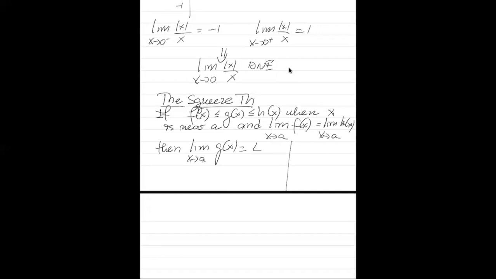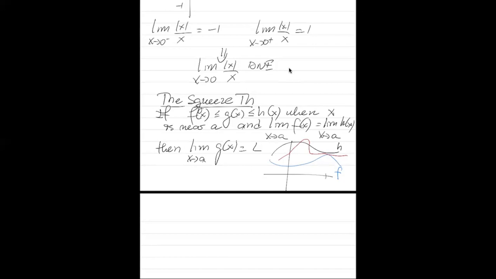So here's the picture. We have a function h, which is the biggest one, f is the smallest one, and the one in the middle, g, could be anywhere, but it's between them in the neighborhood of a.